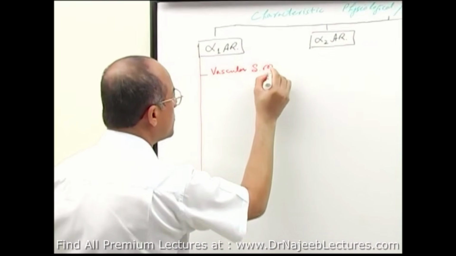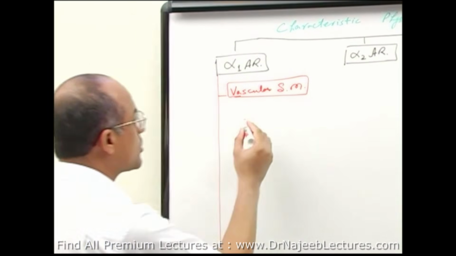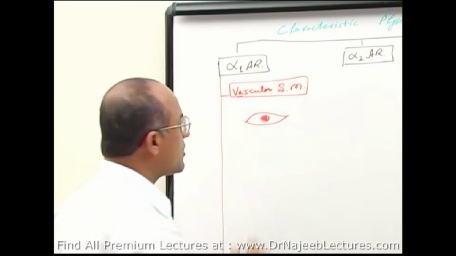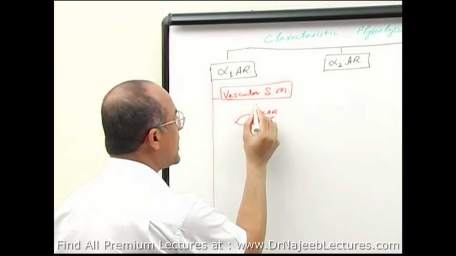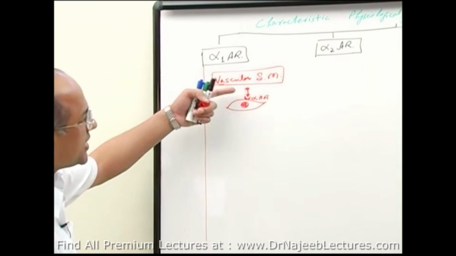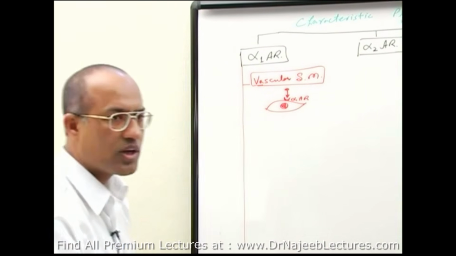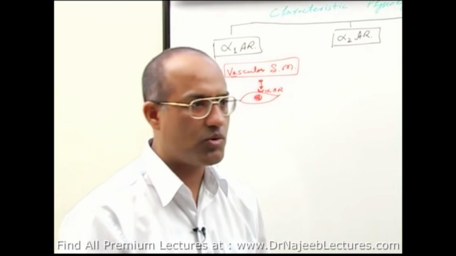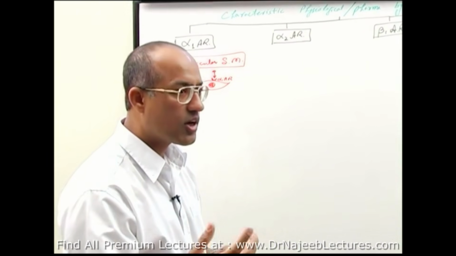smooth muscles, right? Let's suppose this is a smooth muscle on a blood vessel, and this is an alpha 1 adrenergic receptor. And when a sympathomimetic agent stimulates the alpha 1 adrenergic receptors on the vascular smooth muscles, it produces vasoconstriction.